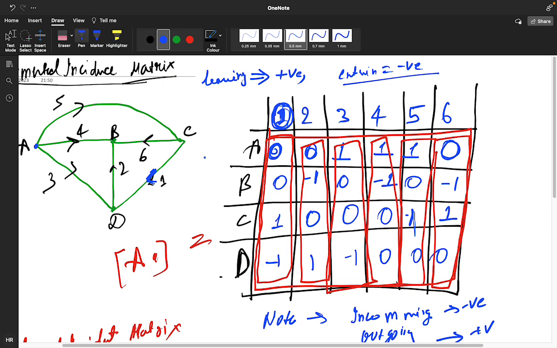C and D. So from where to where is current flowing? From C to D, because we had assumed leaving as positive and entering as negative. What about the second column? From D to B.